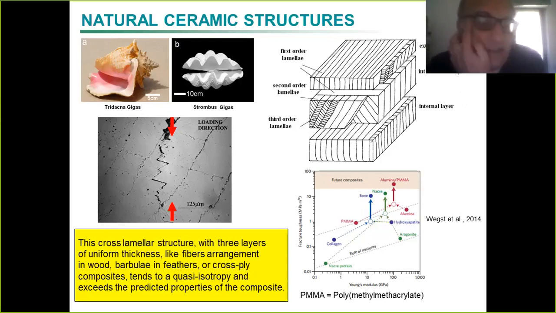Each layer has fibers in its own orientation, and they also have a hierarchical structure. In fact, they start from the cell and gradually go up to the macro structure. The consequence is that they are much more isotropic, and also that they are tough. They are able to stop the growth of the crack.